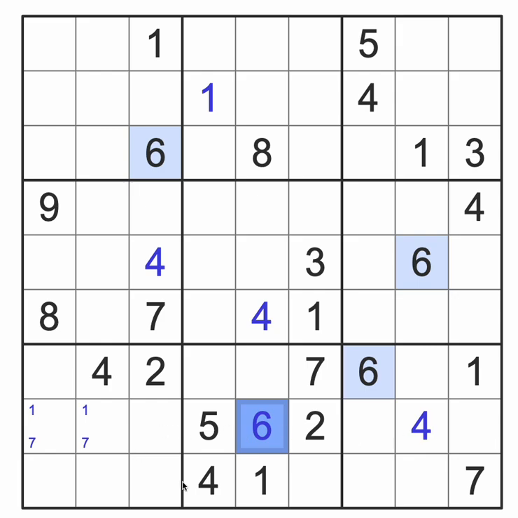Three, 8, 9. Okay, and okay, yeah. And now this row is missing 3, 5, 8, 9. Let me focus on this cell. These are the numbers that are missing from this row.